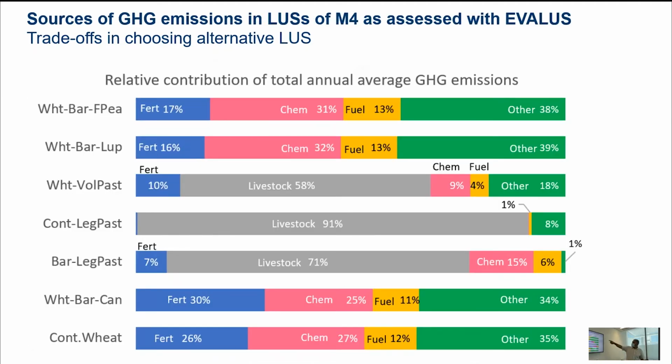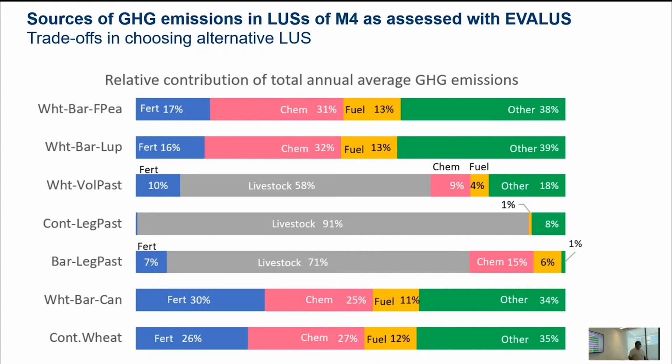And you can see that this model can also tell you how each of these rotations has different amounts of greenhouse gas emissions, but also the proportion of the emissions that you can attribute to different things.